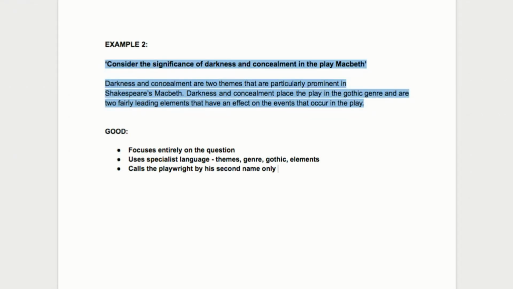William Shakespeare's Macbeth would have been okay, but Shakespeare's Macbeth is a really concise, really condensed, accurate way, in keeping with essay style, to talk about this play. It shows an awareness that the writer made it, it doesn't just exist by itself. And it shows an awareness of how to talk about writers within essays.